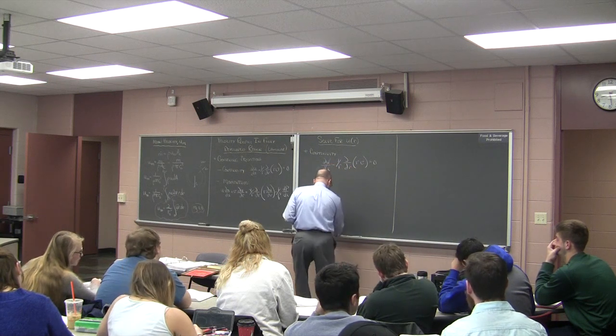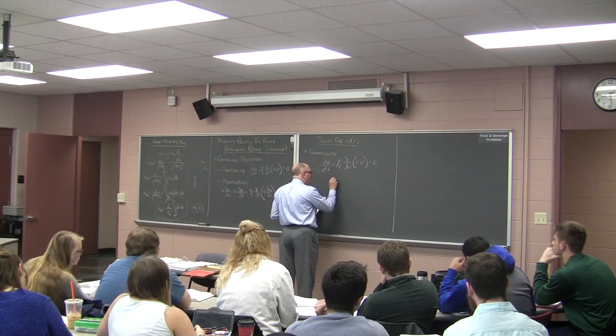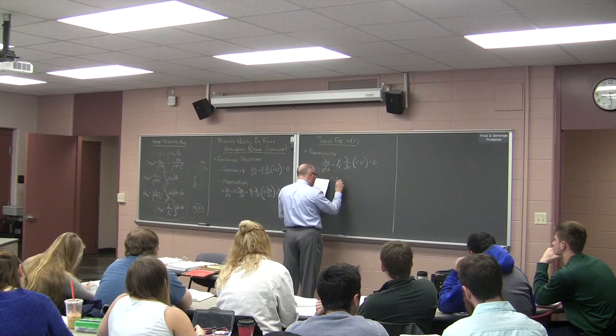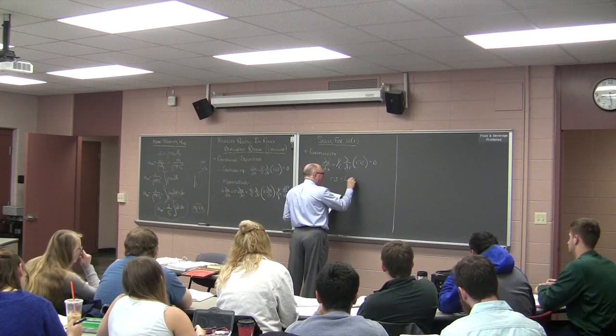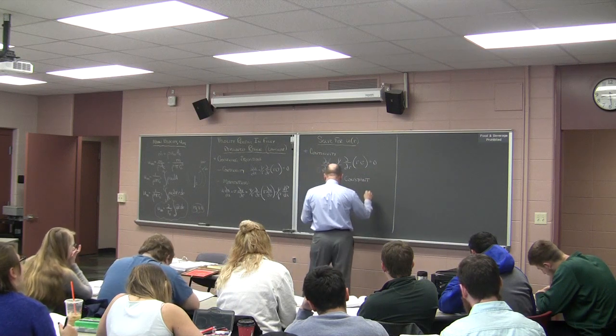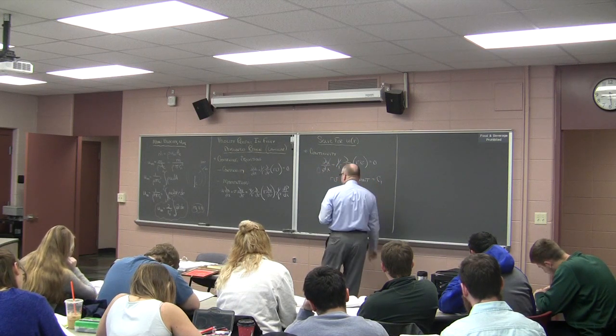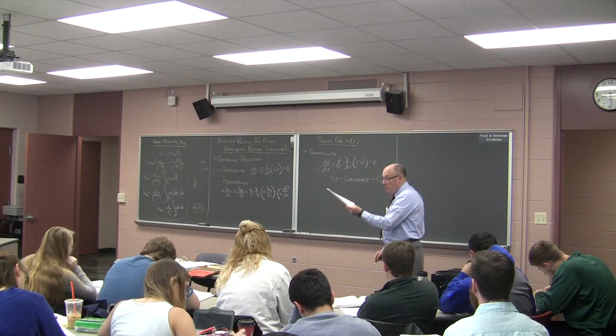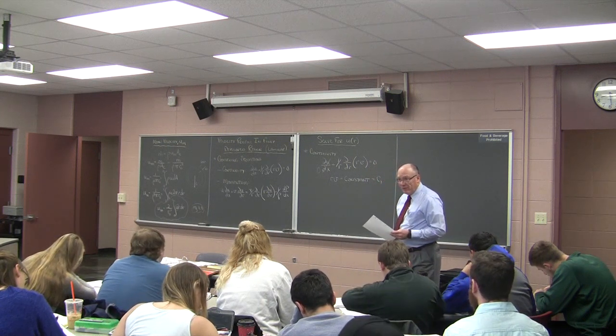It means that r times v could be equal to a constant. We're not saying what that constant is, so we'll call that C1.